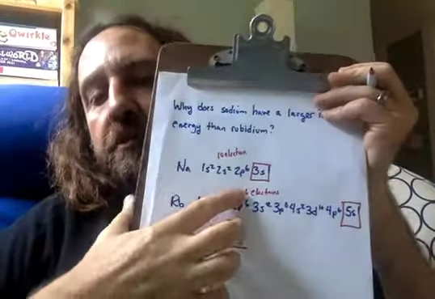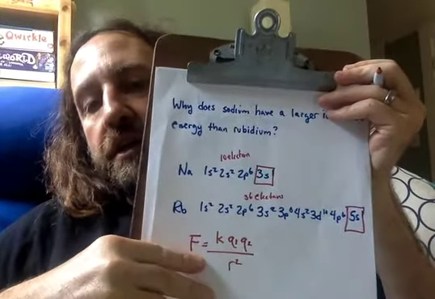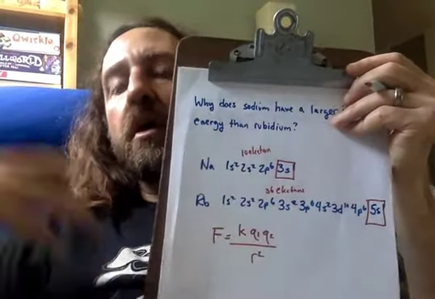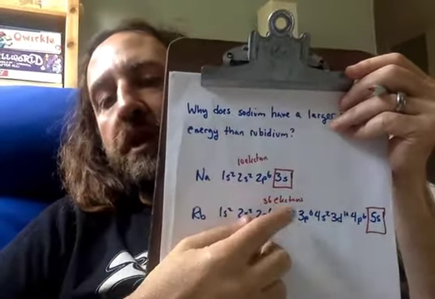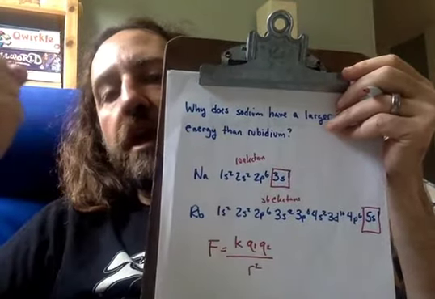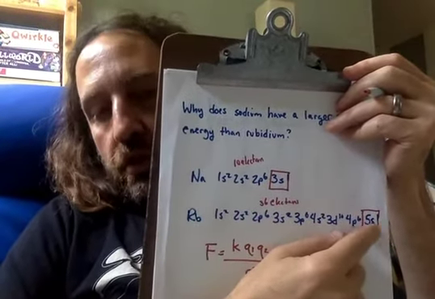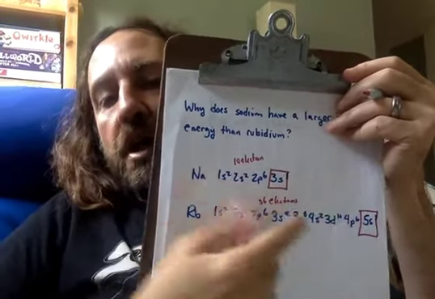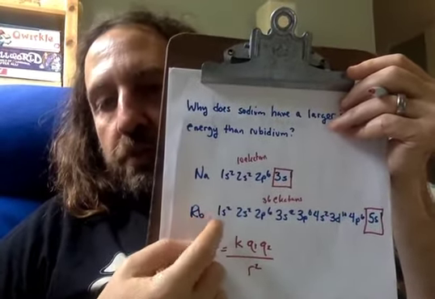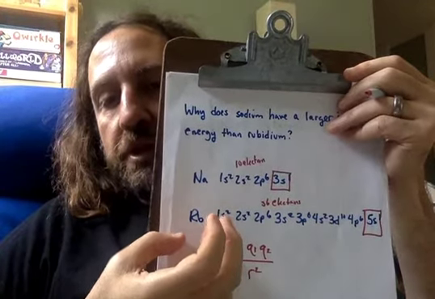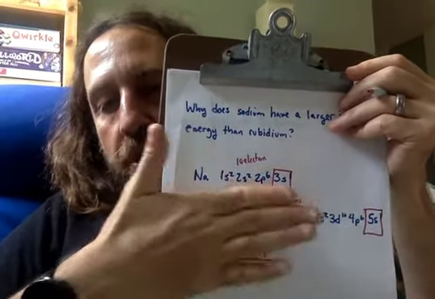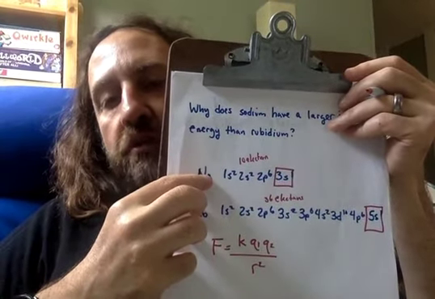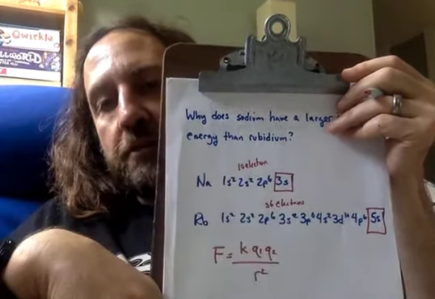That's not something that's easily quantified in this equation, but since we're good chemists, we do know that shielding would lower the overall energy needed, because whatever's pulling from the nucleus of rubidium is blocked by all these 36 electrons, and whatever's pulling from sodium is only blocked by 10 electrons.